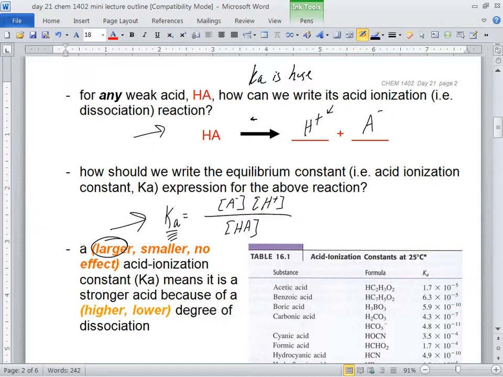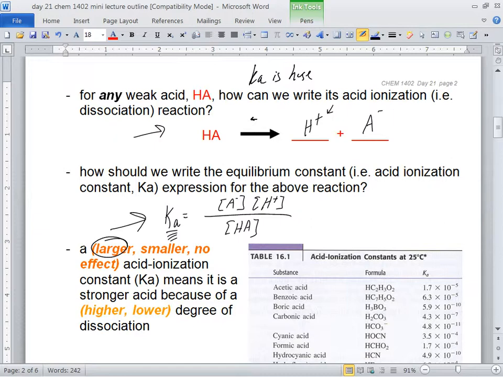Playing around with the terms here. What does dissociation mean? Breaking apart. That's what this reaction's doing. So if it happens to a larger degree, that's just saying it happens even more. If you have a really large acid ionization constant, you've got a lot of product.